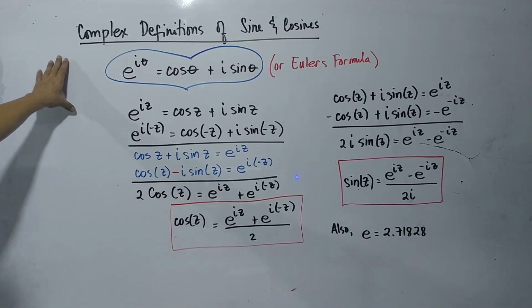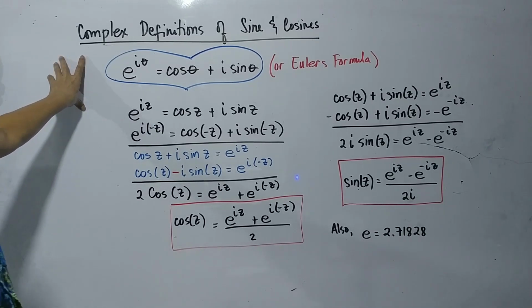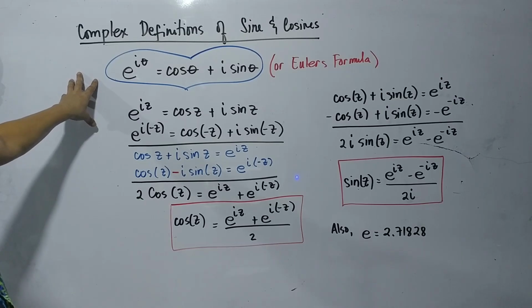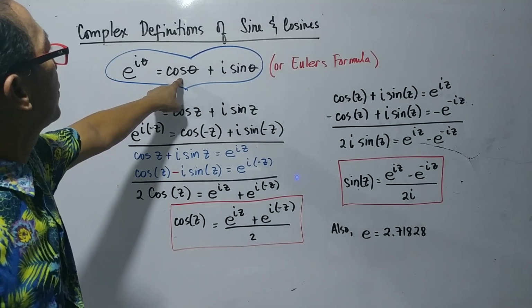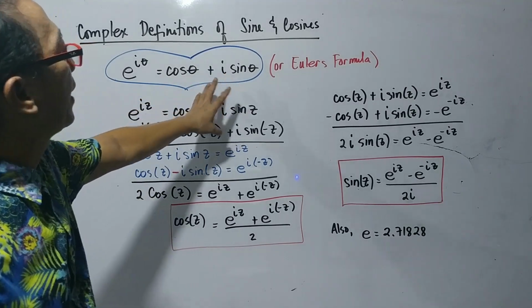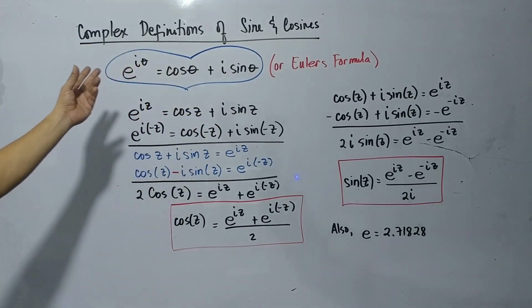Okay, let's start. For the complex definitions of sine and cosine, we have e to the I theta is equal to cosine theta plus I sine theta. This is also called Euler's formula.